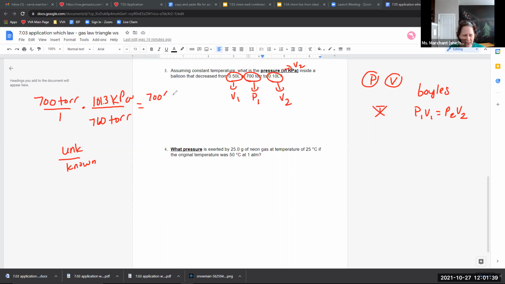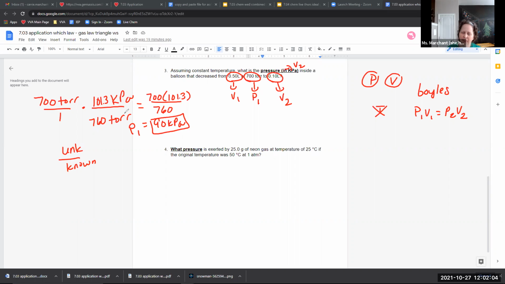So that's 700 times 101.3 divided by 760. And what is that going to give me? That is going to give me only one sig fig. That's going to give me 90 kilopascals to be putting into my problem for pressure 1.